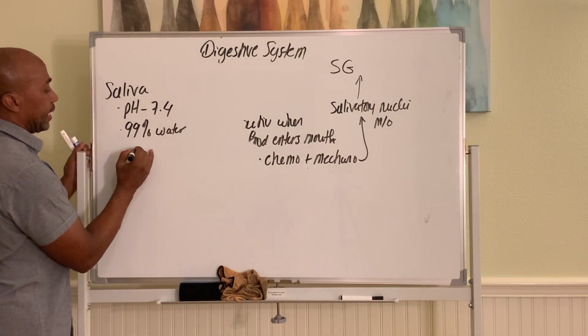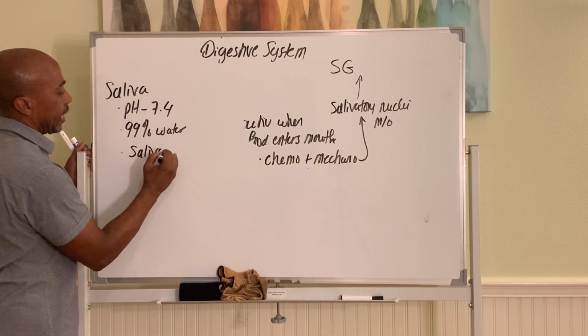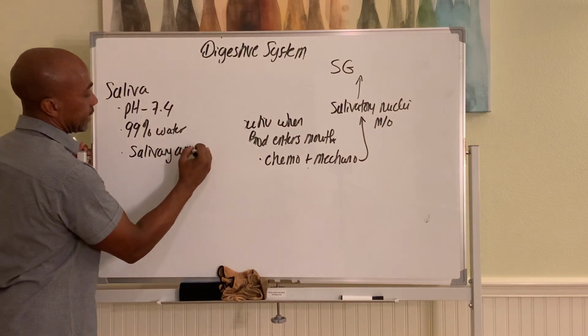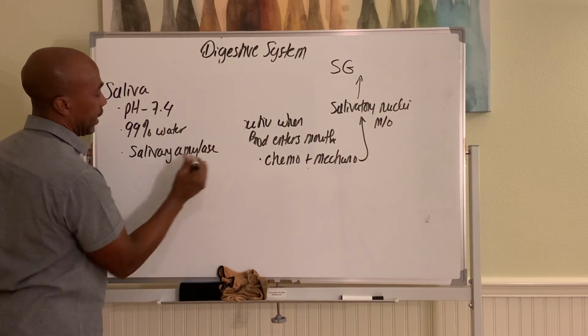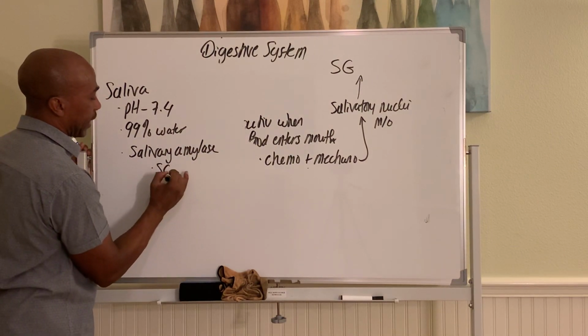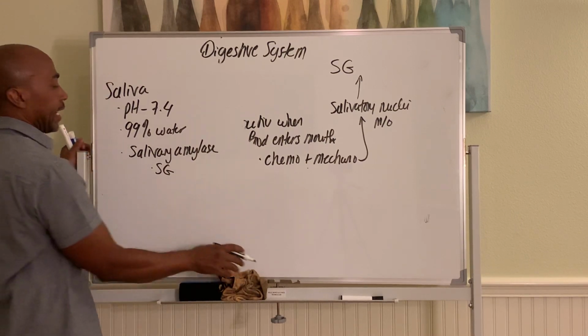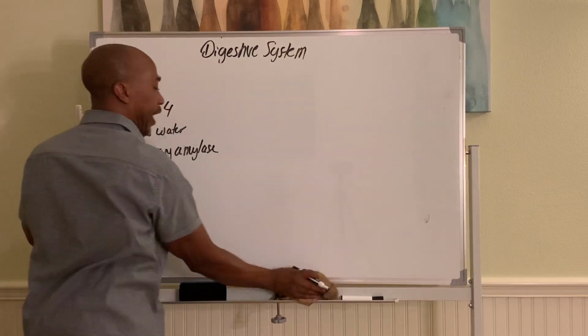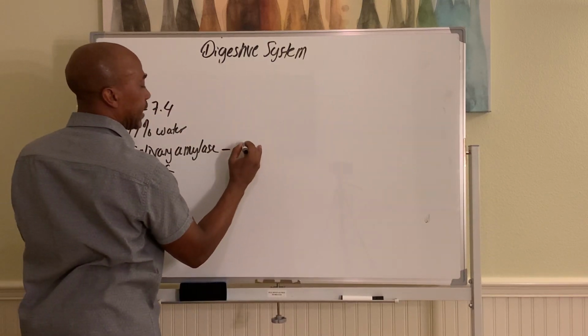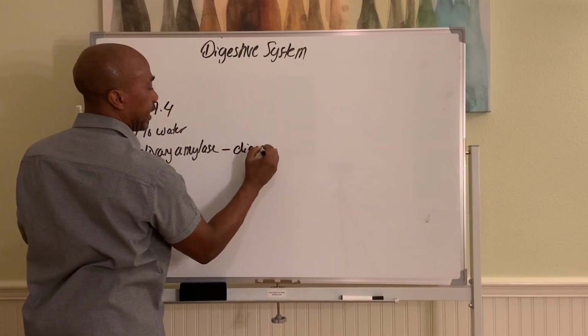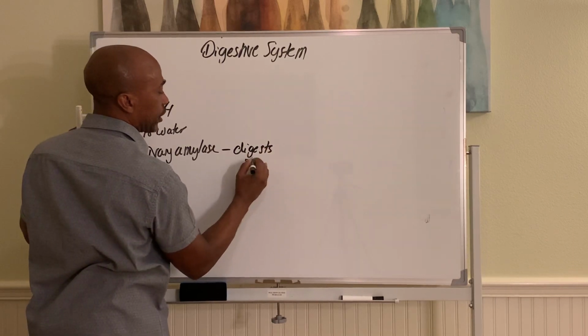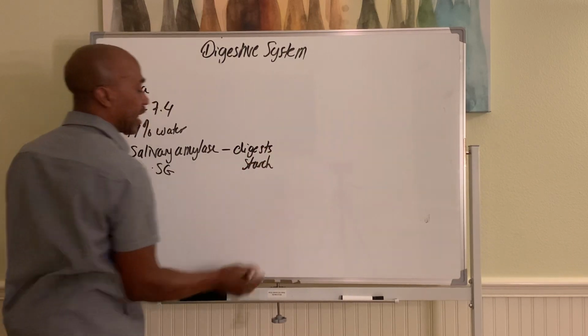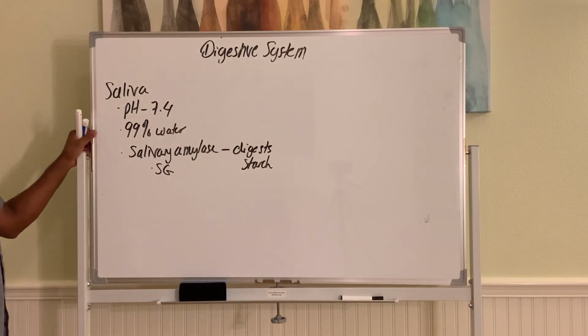It has salivary amylase. This is an enzyme made by the salivary glands, and this enzyme is there to break down starch. So it chemically digests starch for you. So inside the mouth, right away you start to break down your starch.